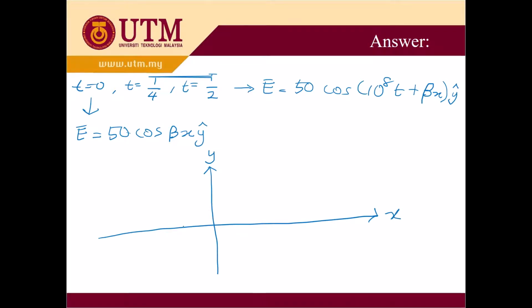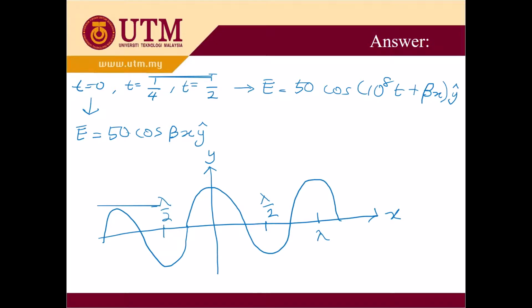And then the graph is cosine, something like this. When you put the value, here the value should be lambda over 2, and here is lambda. Here is negative lambda over 2, and here is negative lambda.